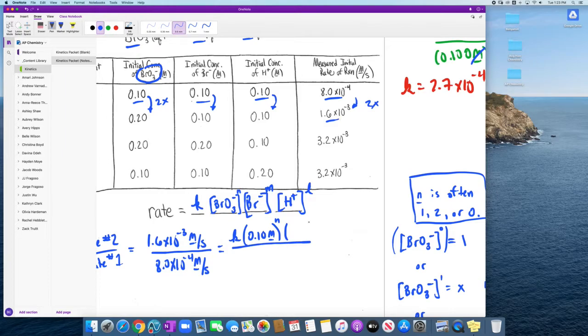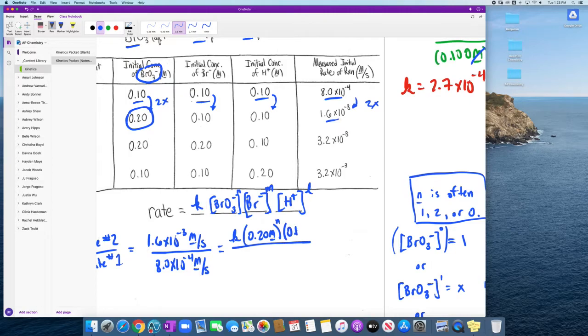All right, everything's 0.1, and oh goodness, that's supposed to be experiment 2 up top. Please forgive me. Experiment 2 goes up top, and in experiment 2, it's 0.2 molar bromate, raised to the n.